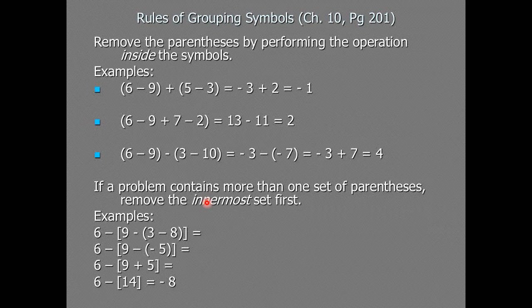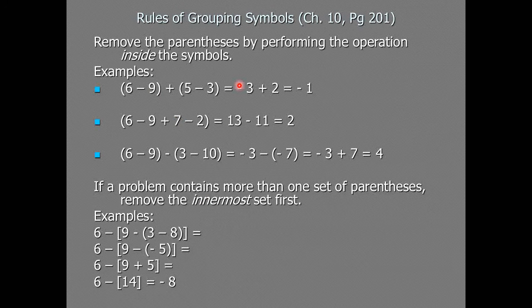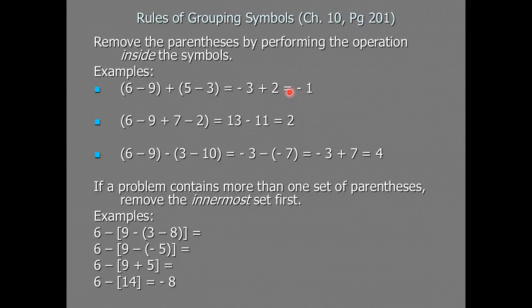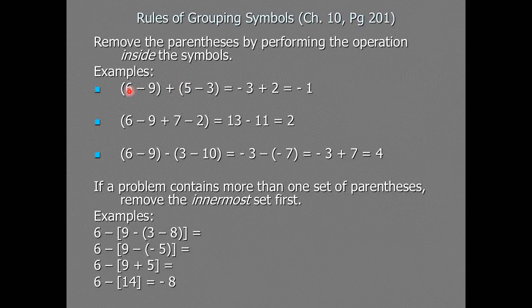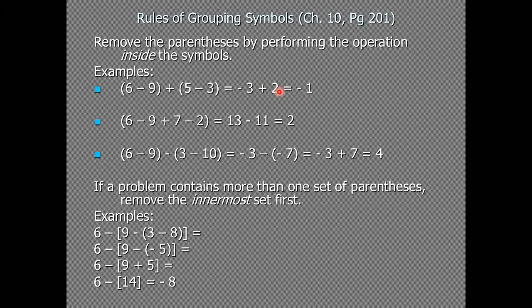Now, again, it's pretty much the previous stuff, but a lot of times when we have things like these, we try to group them, meaning we take care of the things inside the parentheses first, right? For example, 6 minus 9 is -3, 5 minus 3 is +2, okay? And then we write the answer, again adding and subtracting.